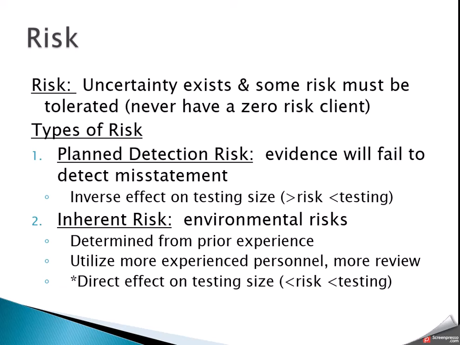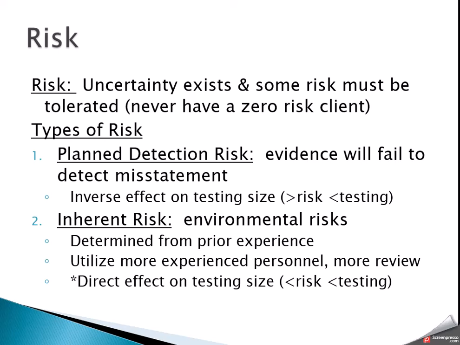So again, this gets into a little more detail on the items in that formula. Planned detection risk is the risk that evidence will fail to detect a material misstatement. So there's an inverse relationship with the testing size. As planned detection risk increases, testing is going to decrease.